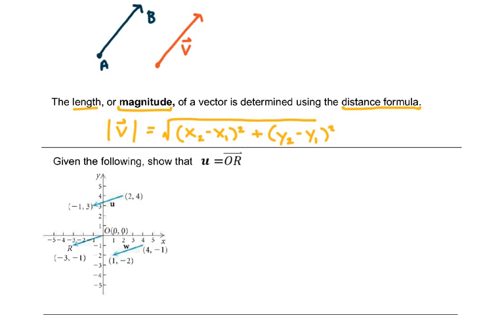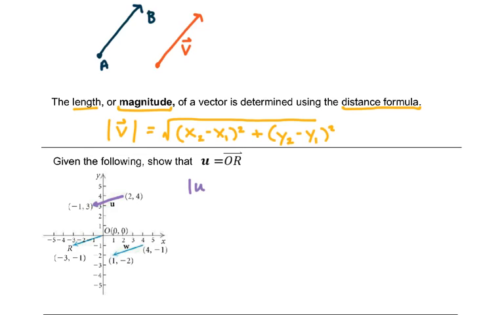So since we know this vector magnitude formula, we are given a picture here with 3 vectors on it, and we're asked to show that U is equal to OR. Well, in order for us to do that, we must show that they have the same magnitude and direction. So if we look at the vector for U, the magnitude would be the distance formula.